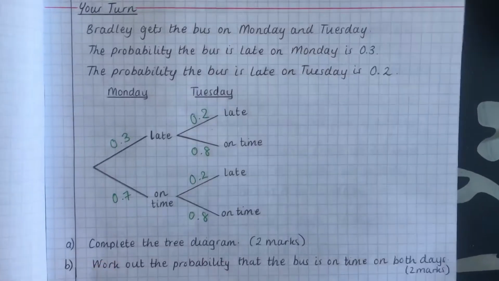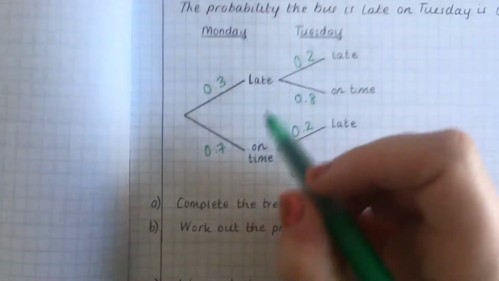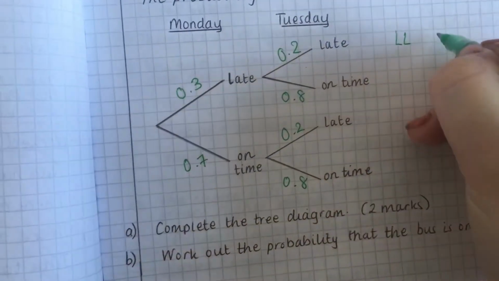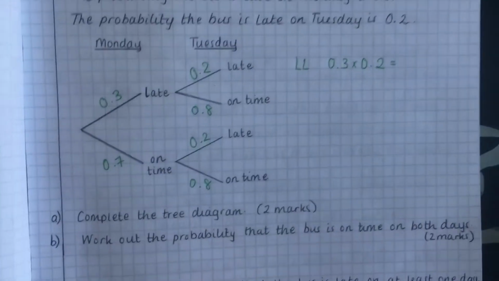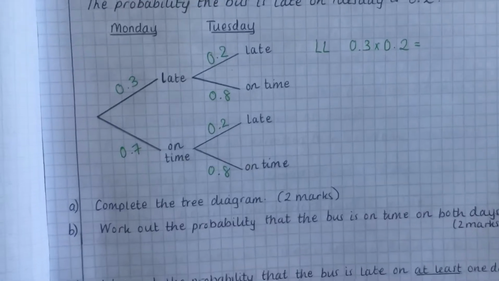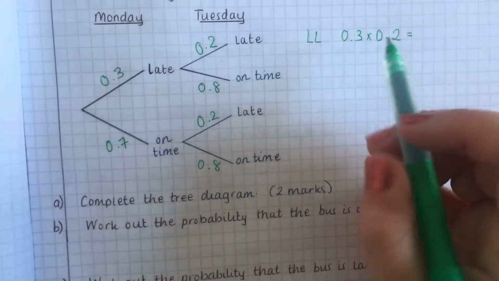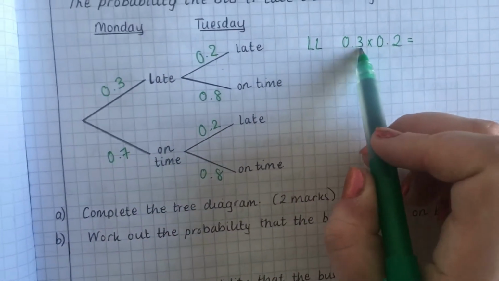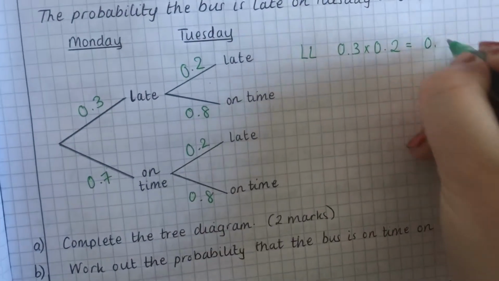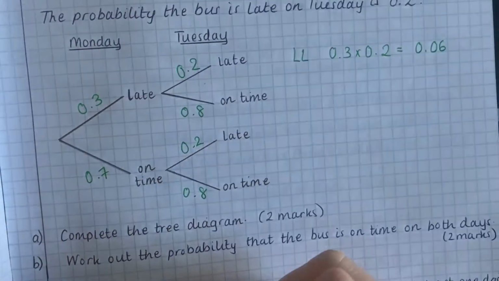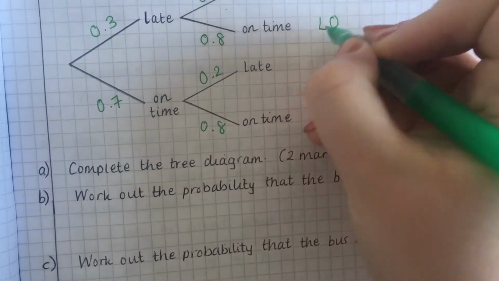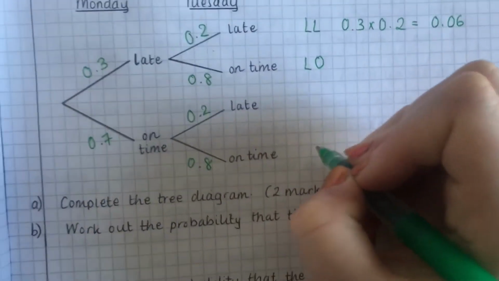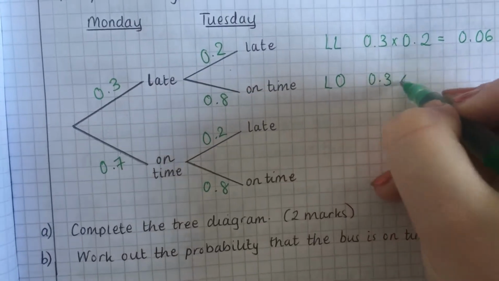Now, to help us with part B and C, I'm going to do all the combinations. So late and then late, I'm going to put LL, and that's going to be 0.3 times 0.2. Now, if you did this with a calculator, then you'd got the answer right. If you didn't, be careful with how many decimal places that you get. You know that 3 times 2 is 6, but then there's 2 decimal places, so you need 0.06, so there's 2 in your answer. Okay, and then we've got late and then on time, so let's just put L and O. So we get 0.3 times 0.8.